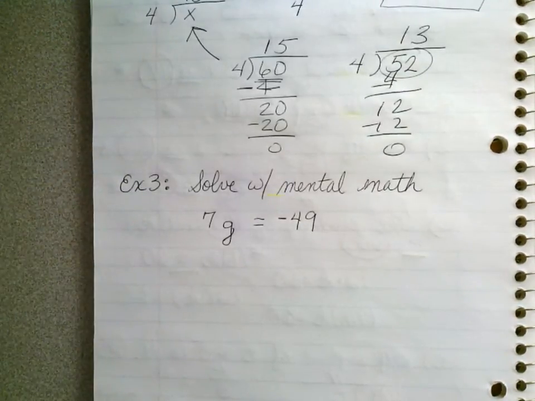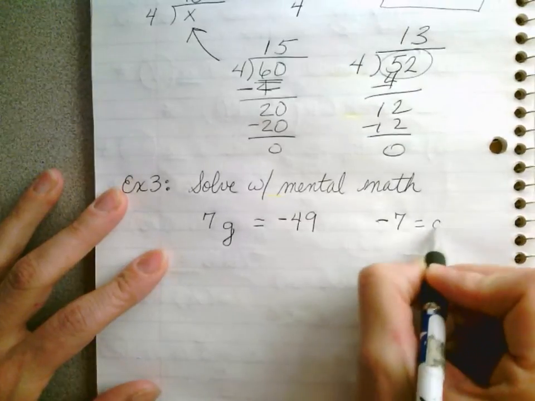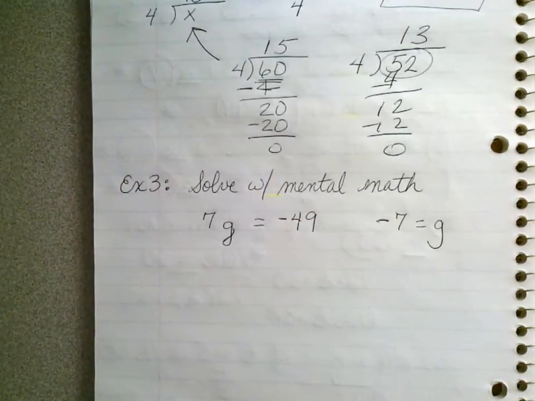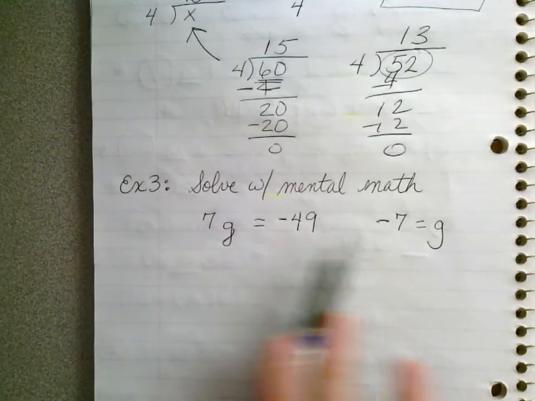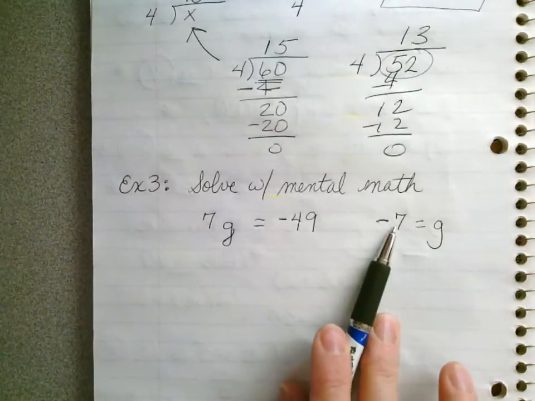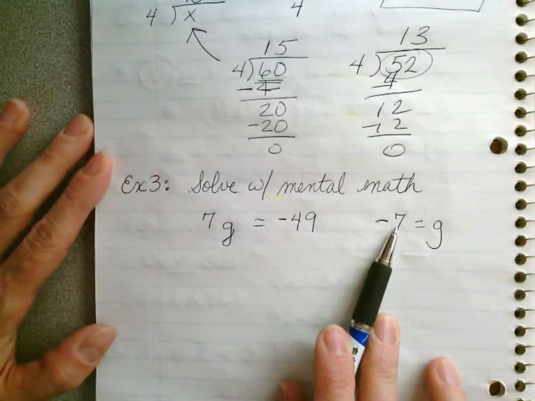Well, I already know 7 times positive 7 is 49. But how can I get a number to make it negative? Xander? When you multiply a positive number by a negative number, it makes it a negative number. Very good. So Xander just said, okay, 7 works, but in order for it to be a negative 49, that g must be a negative 7. Does that make sense? Yeah. Okay, so watch signs. They are going to try to scare you with stuff like that.